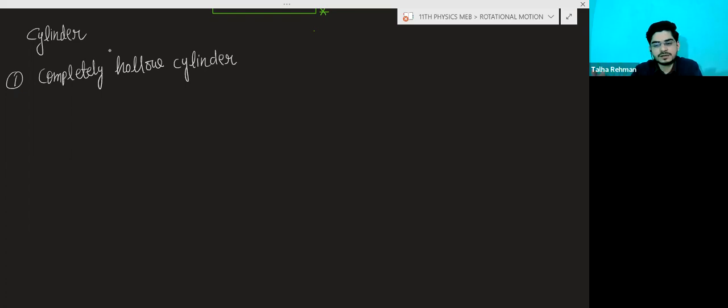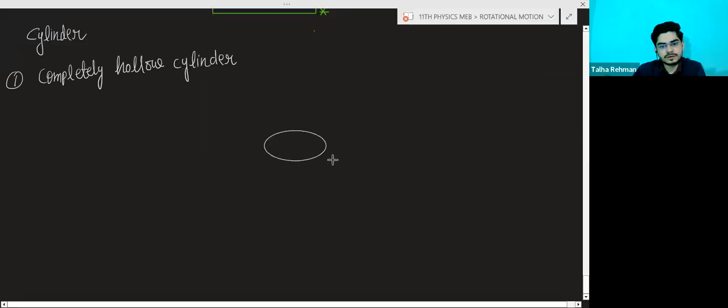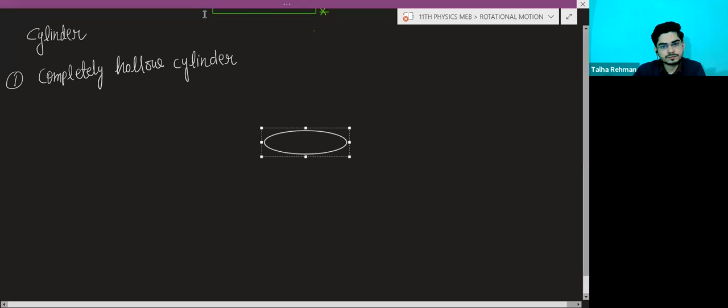You can consider that. I am not saying that it is a completely hollow cylinder, there will be some thickness also, but ideally you can say that can be the example of a completely hollow cylinder. The mass of the completely hollow cylinder is on the periphery only.